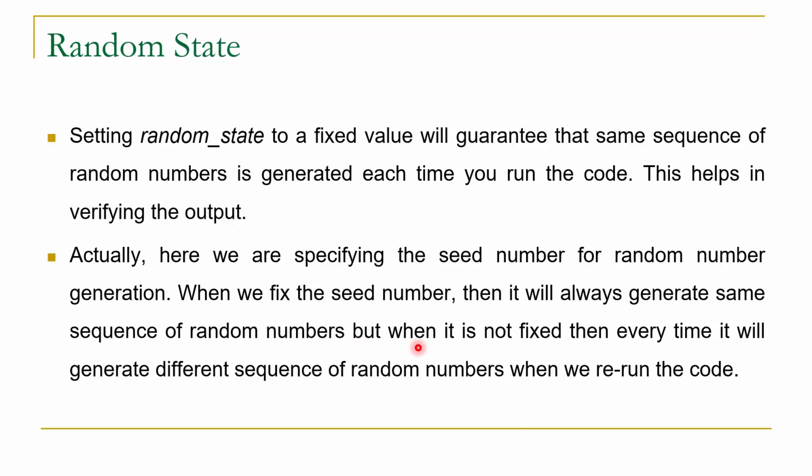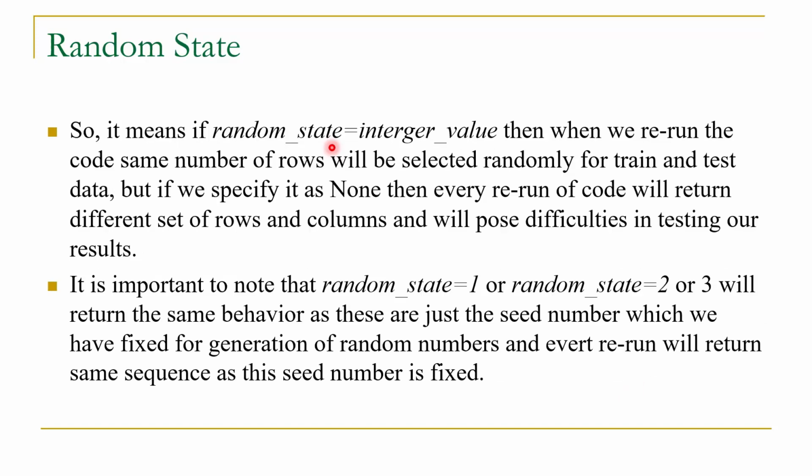But when it is not fixed, then every time it will generate a different sequence of random numbers when we rerun the code. So if we fix random_state equal to any integer value, then when we rerun the code, the same rows will be selected randomly for training and testing the data.